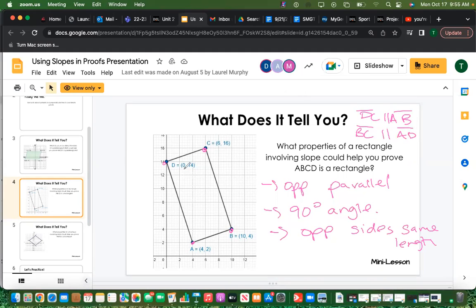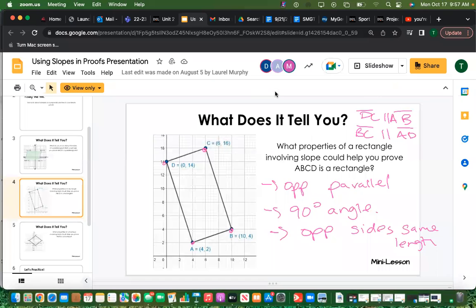The points are 0, 14 for D, 6, 16 for C, 10, 4 for B, and 4, 2 for A. Take a second, figure it out.